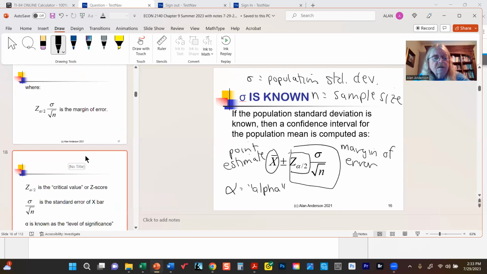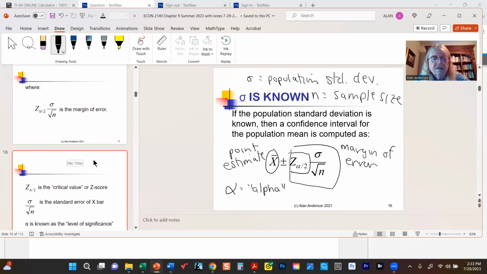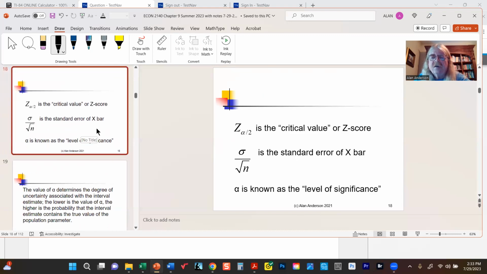All right, well, first things first. Z alpha over 2 is a z-score. It's taken from the standard normal distribution. The alpha over 2 tells us where it's located. And because of the symmetry of the normal distribution, there's going to be 2 of these, one positive and one negative.